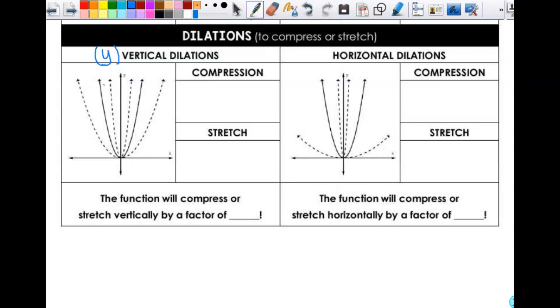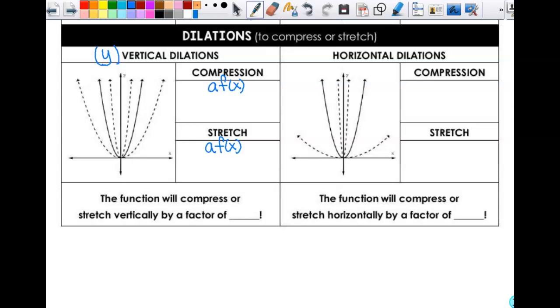We have done something with x, and now we do something else that affects the y value. So this is my original one. So my compression would be a times f of x, and actually the stretch is also a times f of x. If I'm multiplying something, it's a stretch or a compression.